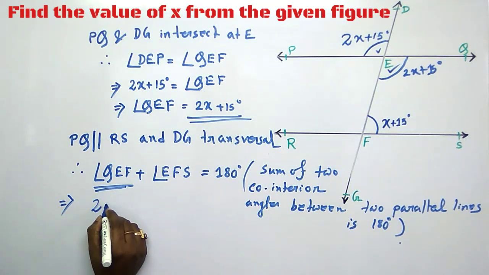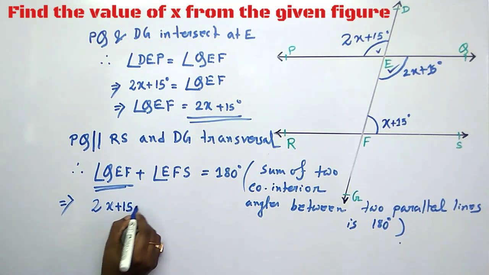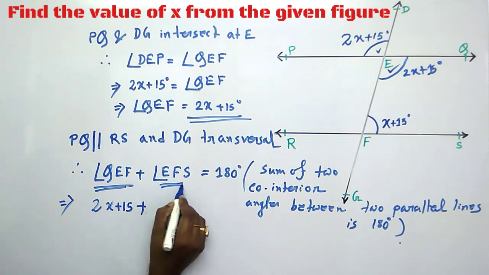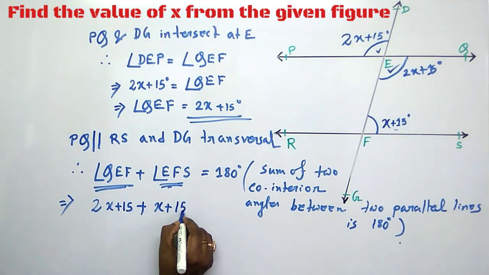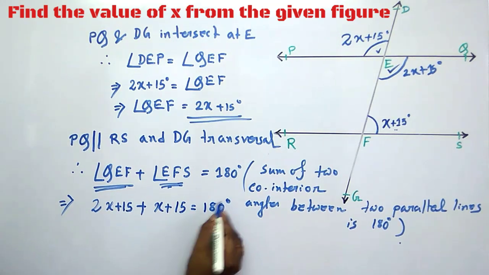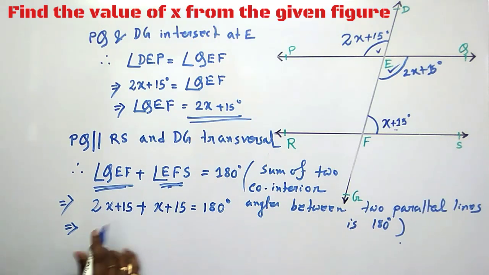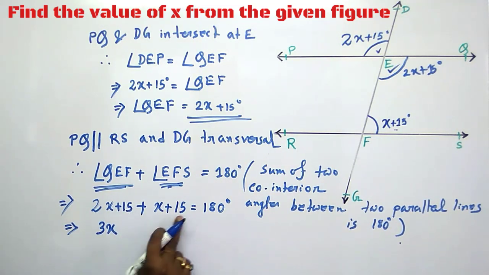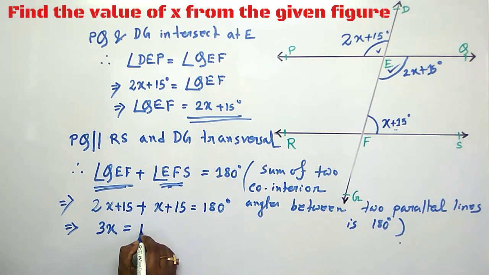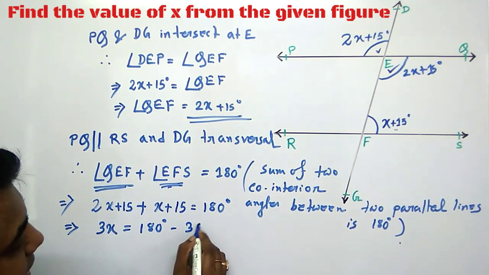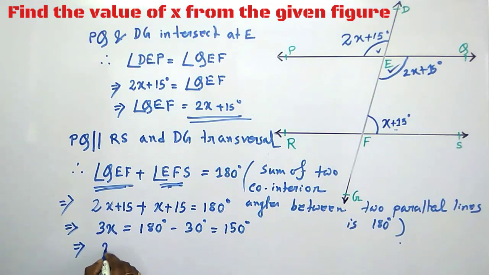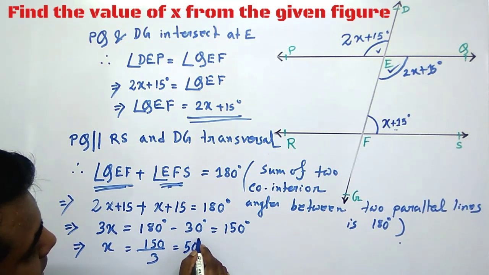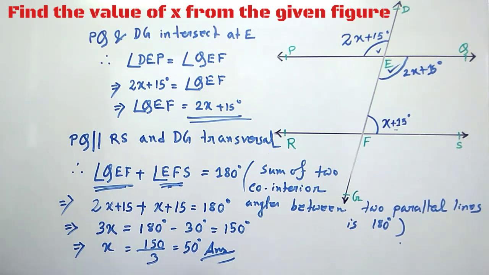So write here 2x plus 15, and value of EFS that is given, x plus 15. So write here 2x plus 15 plus x plus 15 equals 180 degree. This implies 2x plus x is 3x, 15 plus 15 is 30, equals 180 degree. So 3x equals 180 degree minus 30 degree equals 150 degree. So this implies x equals 150 degree by 3, equals 50 degree. So this one is your answer.